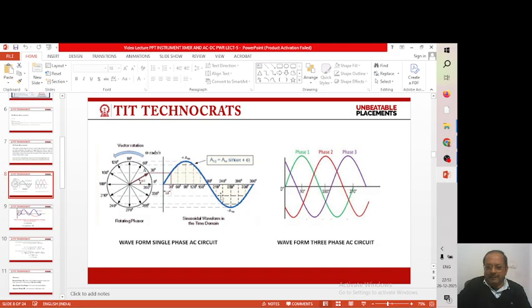So this is the main difference between three phase and single phase circuits.